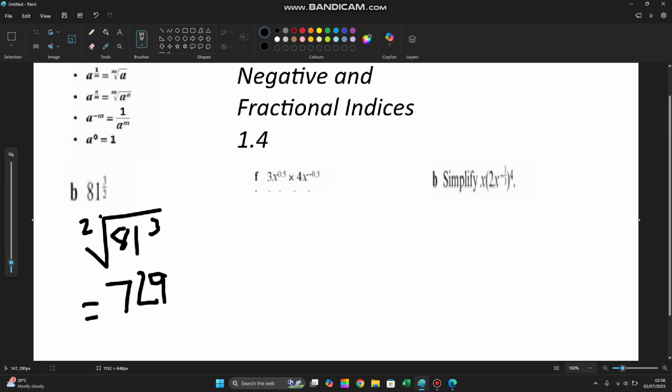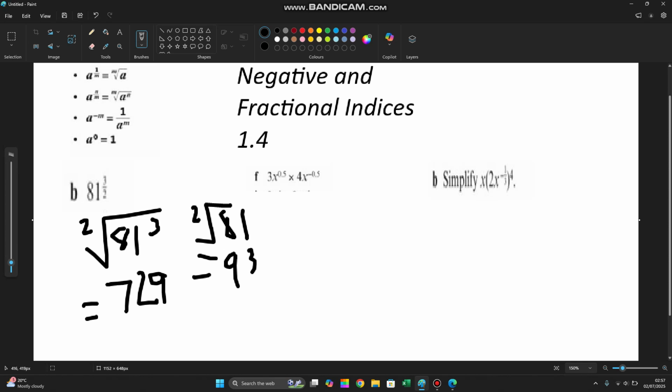Well, it's because we can actually do it a quicker way. We can just square root 81 by 2. We can just square root 81, and as it's the root 2, you don't need to write it. We get 9, and then once you get that, you do it to the power of the numerator.